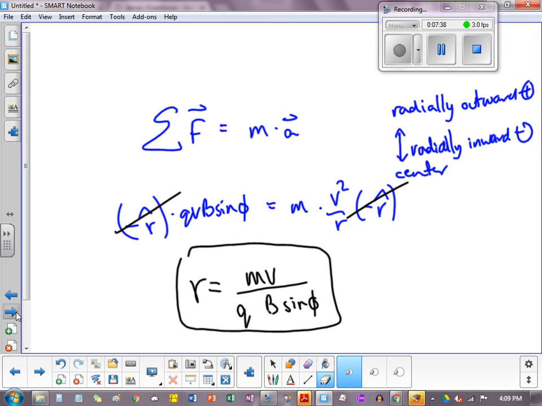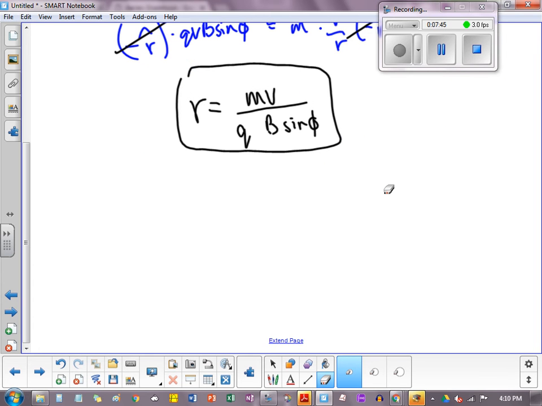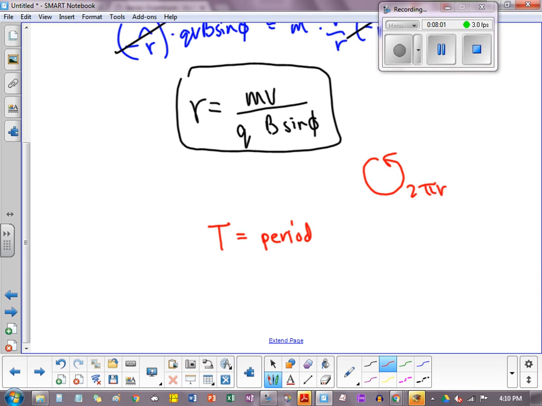Now let's take a look at how long it takes for the particle to make one turn. Okay, so assuming that it doesn't accelerate angularly and it's going to maintain a constant angular velocity, we could just say that the time it takes to make one complete turn, which we call one period, is simply 2 pi r, which is your distance in meters, divided by your velocity, which is meters per second.